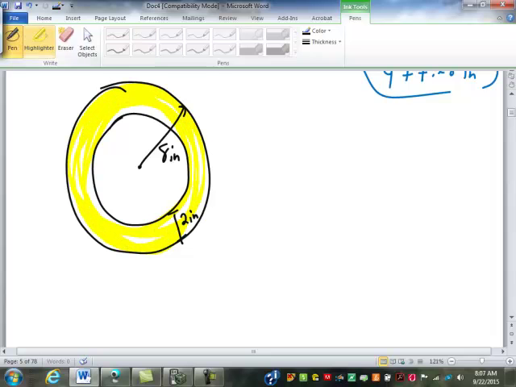Find the area of that ring. So, how'd you approach this one? Find the bigger one first. So that area is pi times 8 squared, 200.96 inches squared.